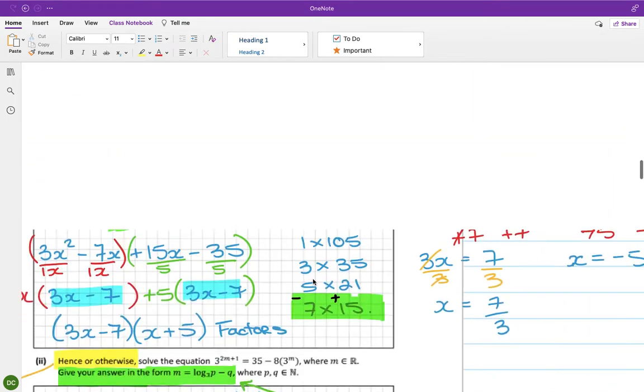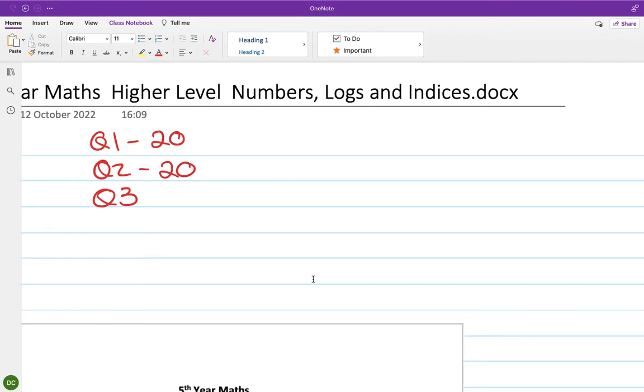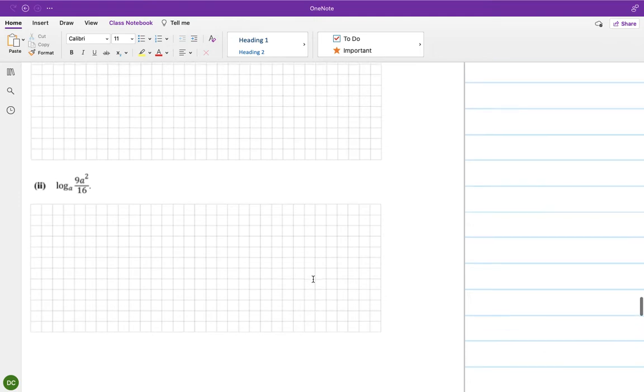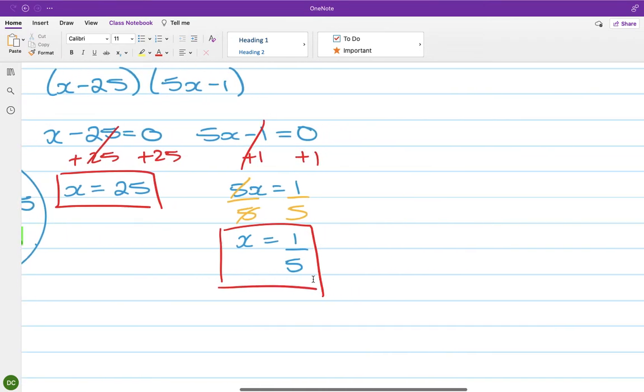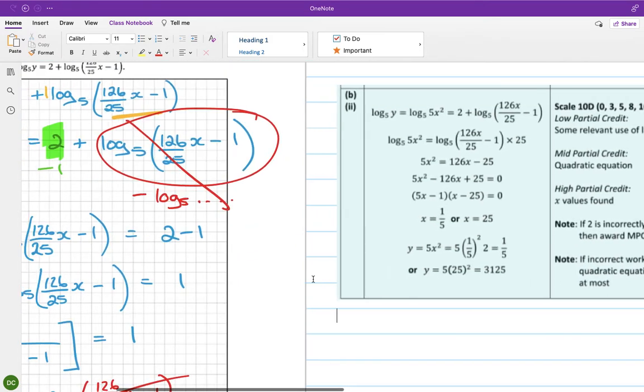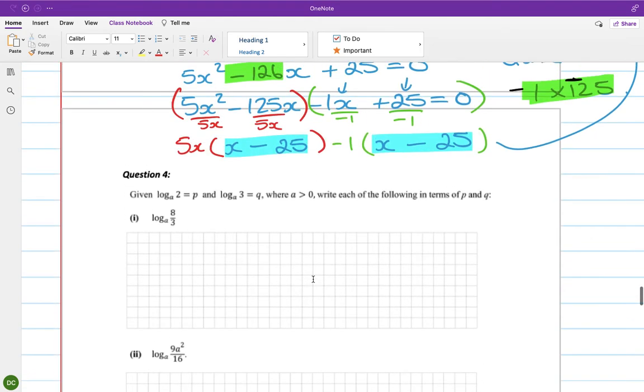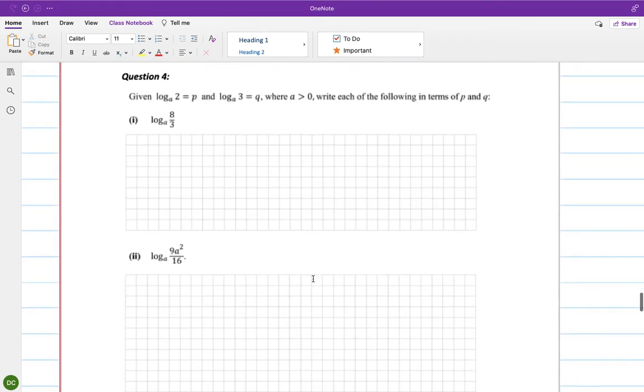So what's that? 15 for question 3. Okay. Yeah, so you can pause the video if you need to look at the solutions or anything like that and check against yours.